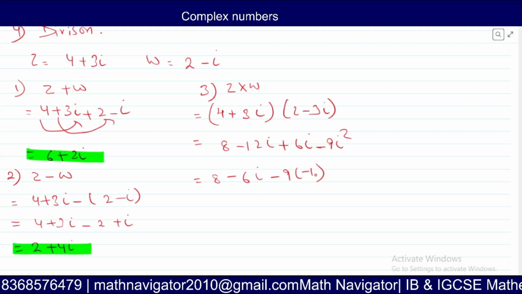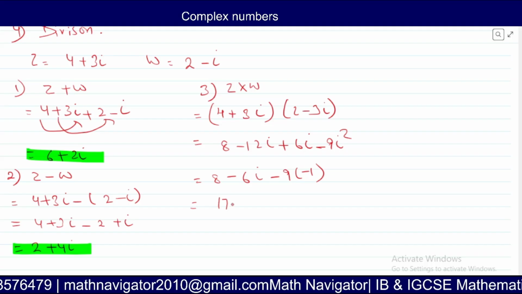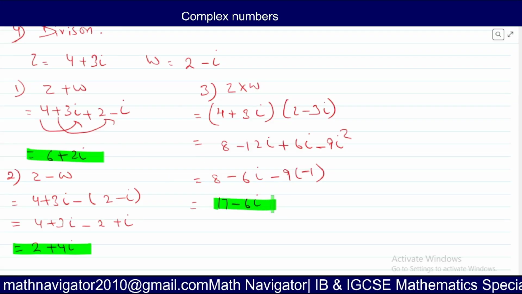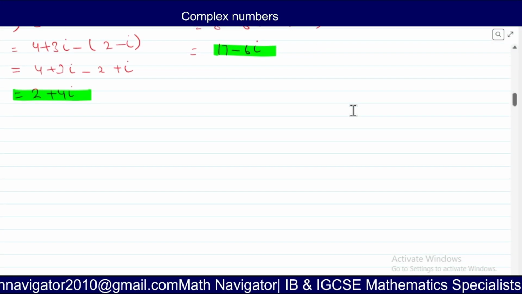So this becomes plus 9. So 9 and 8, 17 minus 6i is the answer. Clear? Now let's talk about the division.